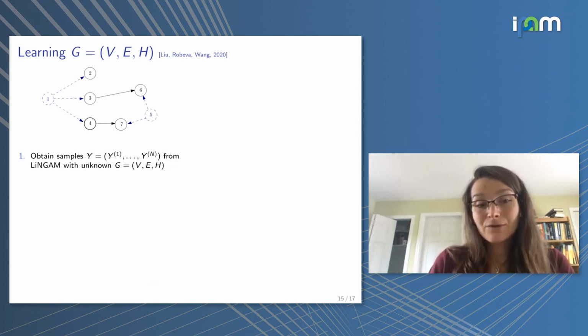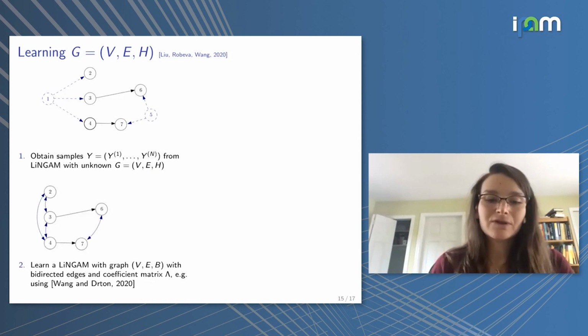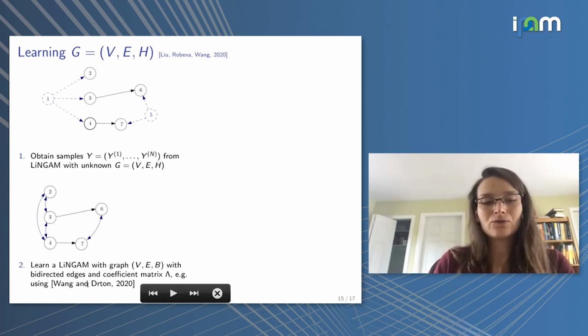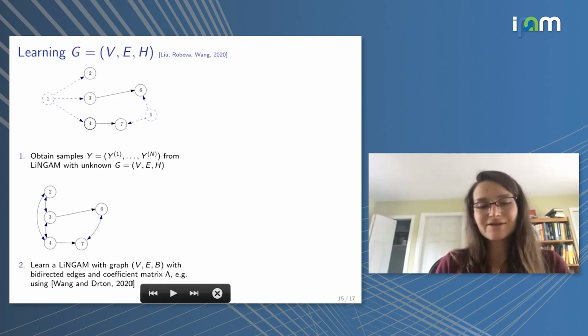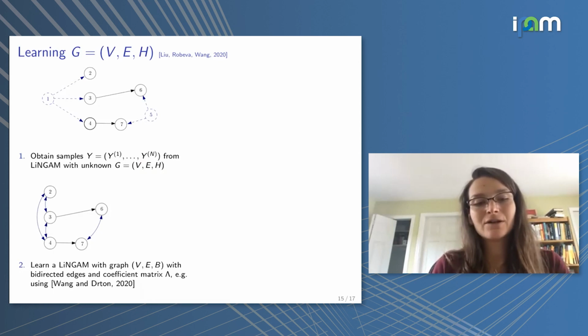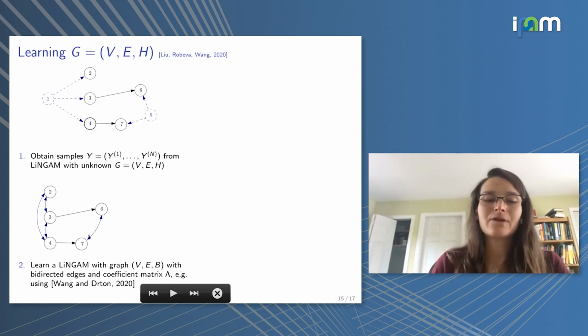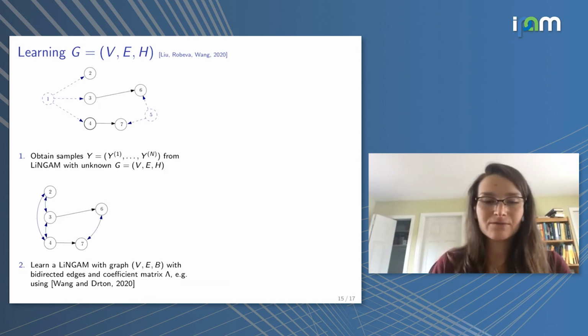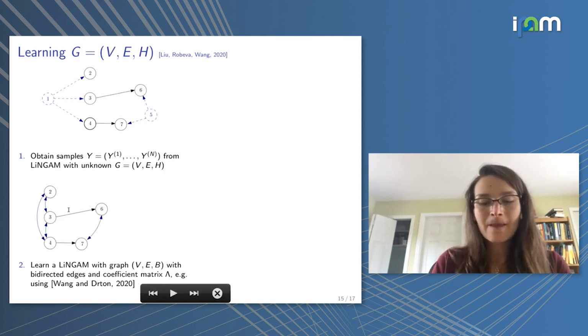And so what we're going to do first is use existing methods, for example this most recent one. This is a different paper by Wang and Drton, which learns the graph with directed and bidirected edges. So it doesn't learn the multi-directed edges, but it has directed and bidirected. And it also estimates the coefficient matrix lambda that comes from the directed part.